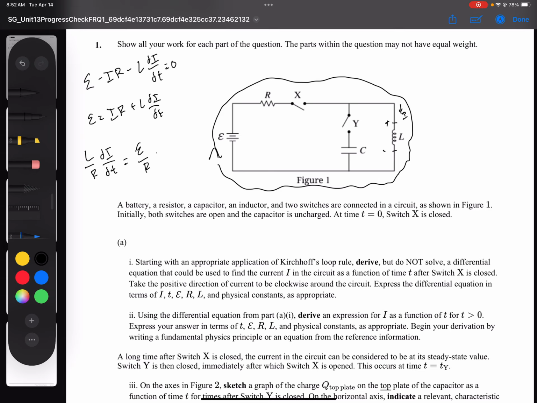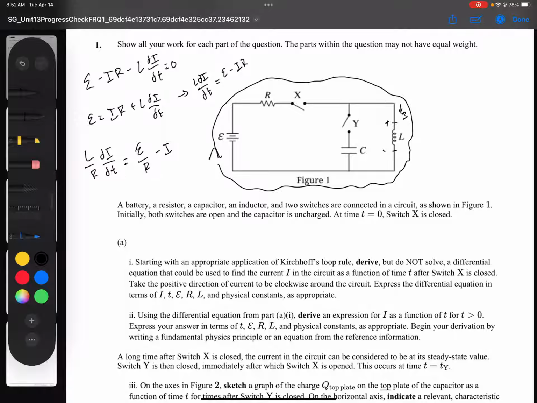So I just divide everything by R. Okay, and actually I skipped a step here. So it's L di over dt is equal to epsilon minus IR. Okay, so I go from here, then to here, and then we're going to divide everything by R.